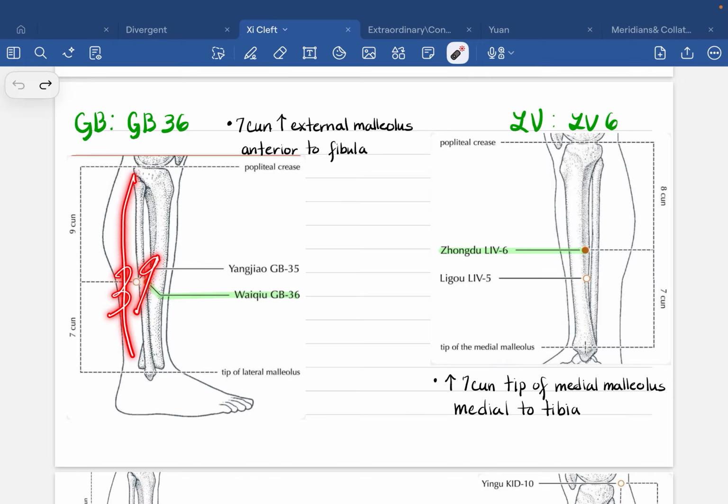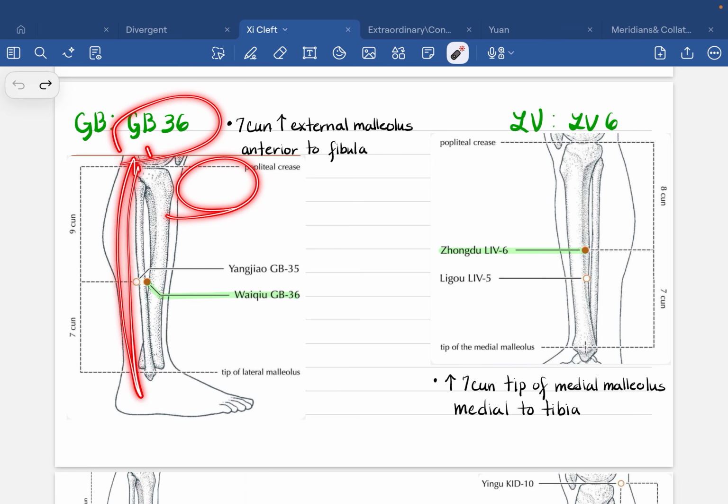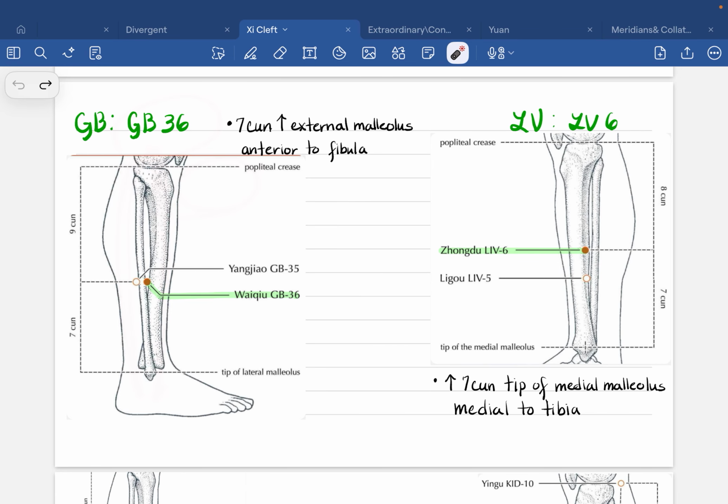Both of them are behind this fibula bone, okay? And the rest of the GB points at the bottom of the leg are all in the front. How do you remember this? You can think of it as that people work behind their desk from 5 p.m. to 9 p.m. So you know GB 35, sorry, and 39 are both behind, and the rest are in the front. That's a good way to remember it.